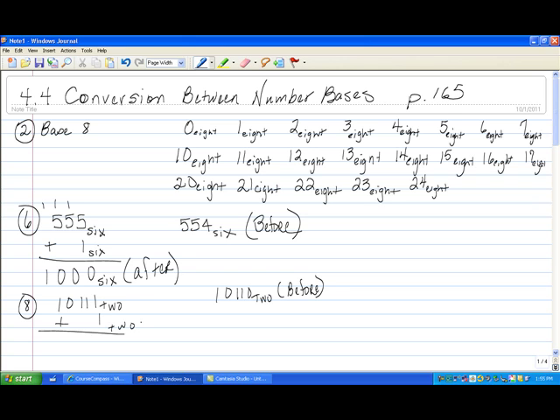Again, in base 2, anytime we add to get a 2, we write 10. It's 1 two and 0 ones. So we get a 2, we get a 2, we get a 2. 1 plus 0 is 1, and 1 plus nothing is 1. So this is the one after.